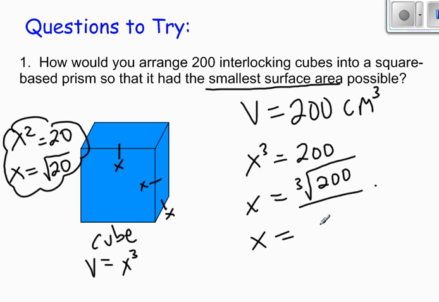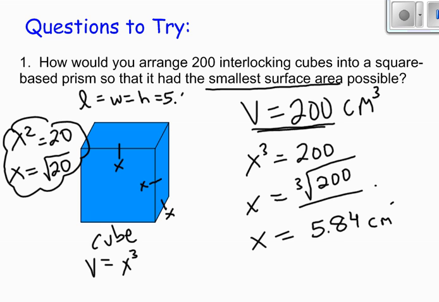And you should have discovered that by pressing the buttons in the right order, the cubed root of 200 is 5.84. And therefore, if I want a cube with a volume of 200 and an optimized surface area, then I need length, width, and height to all be 5.84 centimeters. And that's what we had finished doing in the last video.